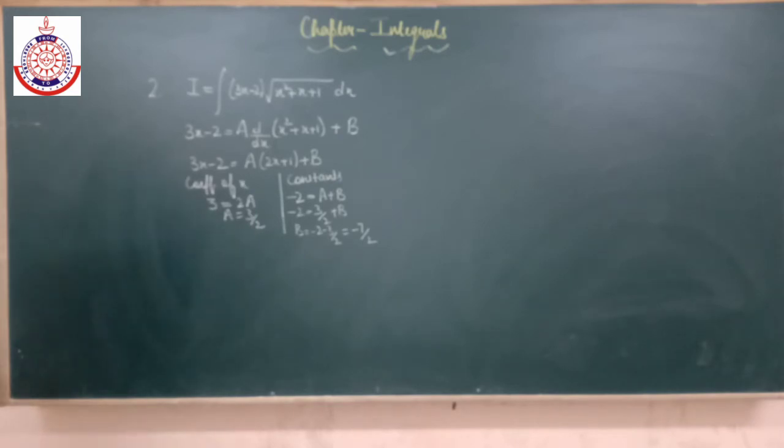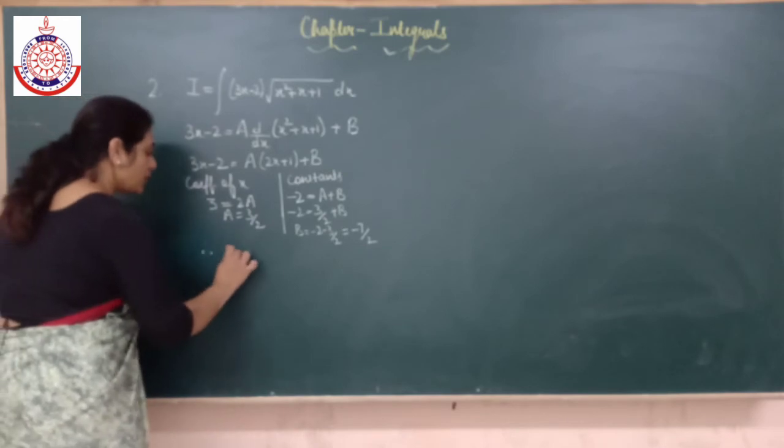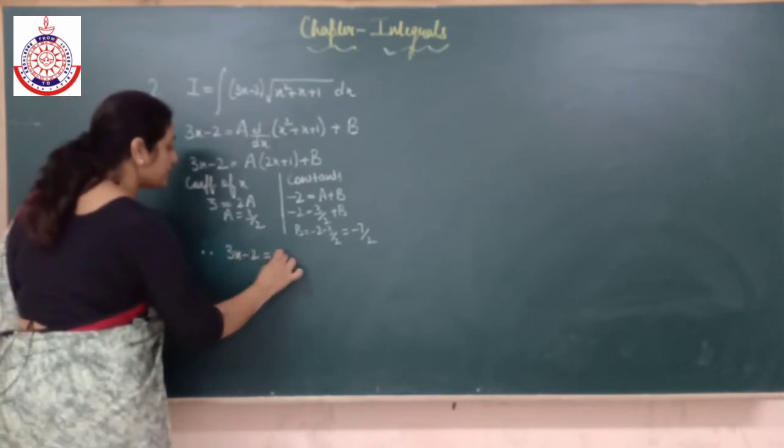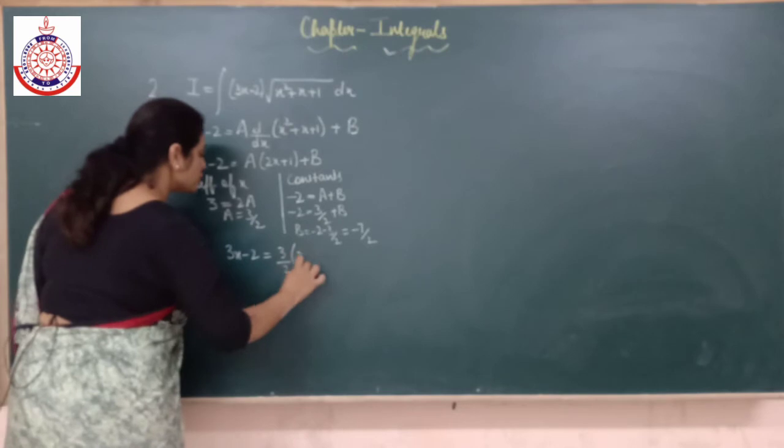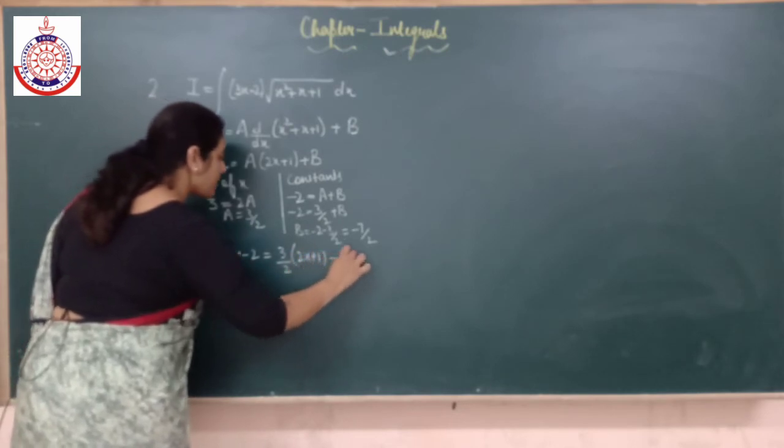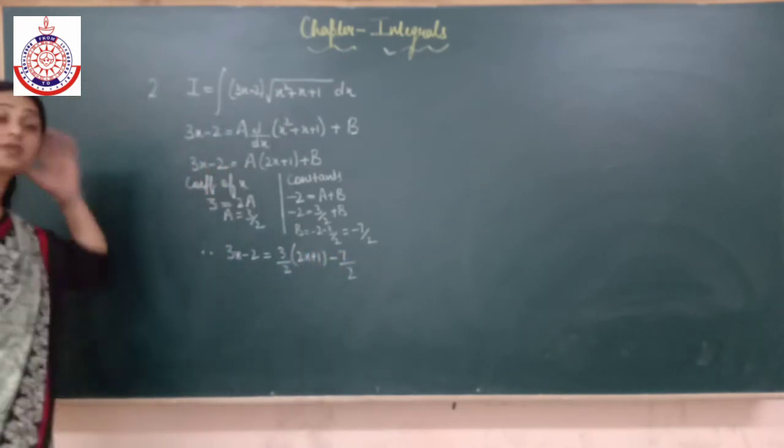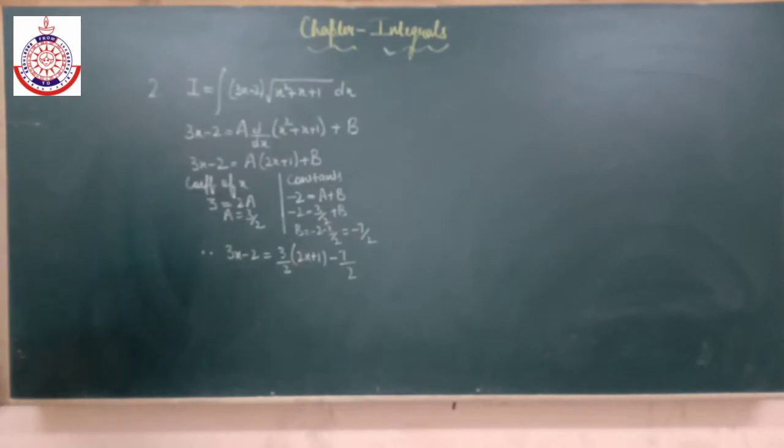So what we have got? Therefore 3x minus 2 has become 3 by 2 into 2x plus 1 minus 7 by 2. Clear? Now put it in the integral.